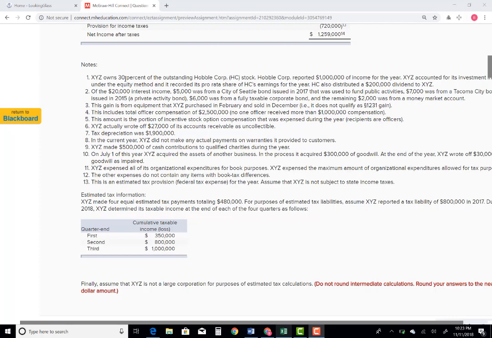If you own between 20 and 80% of a company, you just multiply the amount of income that company made times your ownership stake. We own 30% of the company, so we multiply that times $1 million. That comes to $300,000 in income that we recognize on our books for our financial statements.